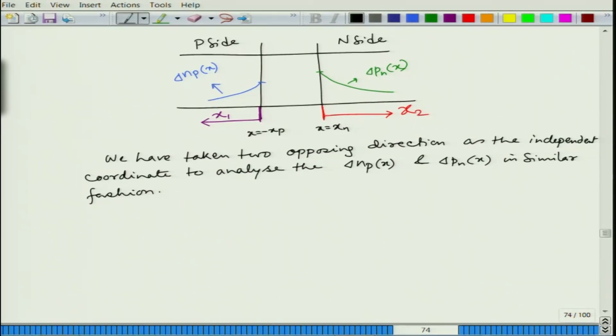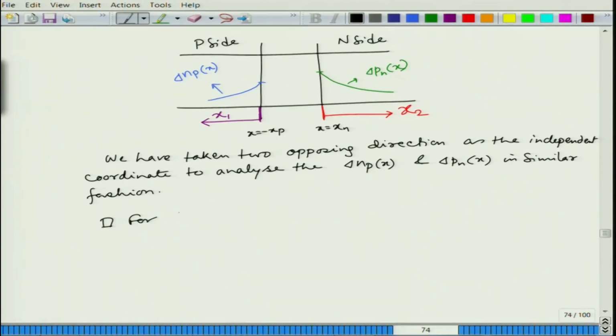So, with the different x_1 and x_2, it is ensuring that as x_1 or x_2 goes up in magnitude, the delta n_p or delta p_n goes down. That kind of assurance is obtained if we have different coordinate systems. That is the only reason why we are choosing x_1 and x_2 instead of a single x. Okay. So, now in this new coordinate system, what can we write?